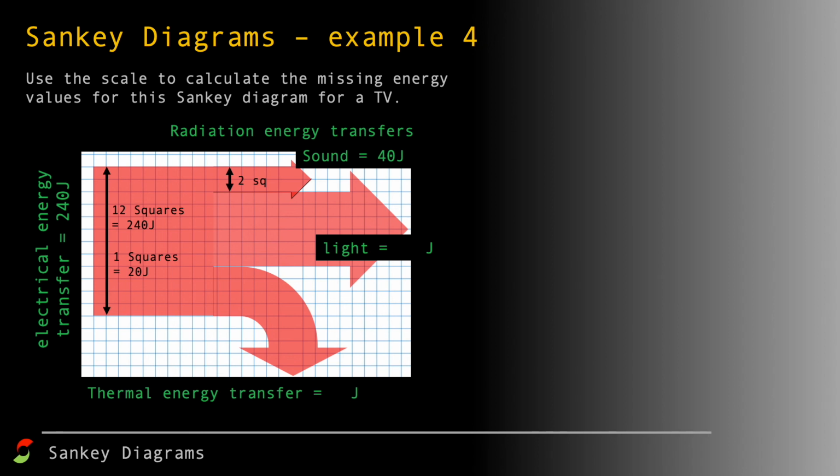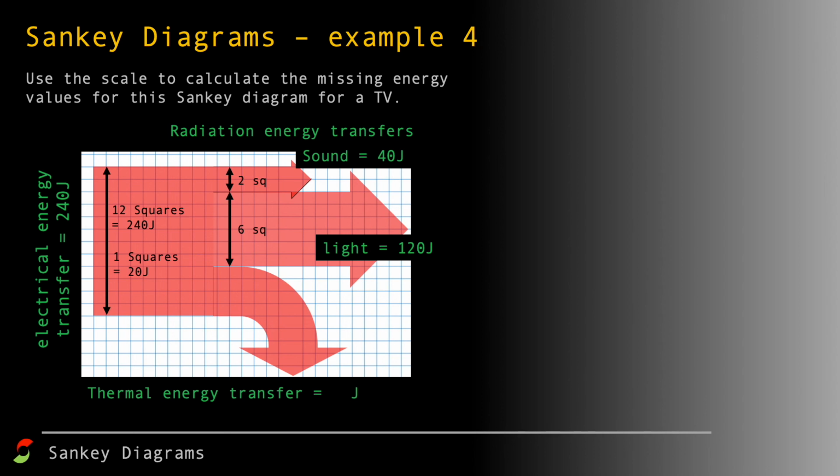And now let's have a look at the radiation energy transfer in the form of light. So that's that thickness of arrow there, and that's 6 squares. If one square is 20 joules, then 6 squares is 120 joules. So we've got 120 joules of radiation energy transfer in the form of light.